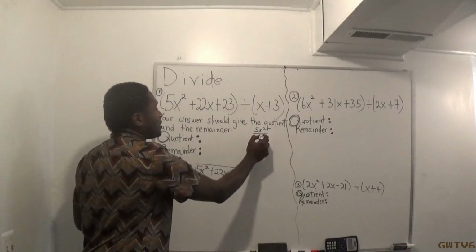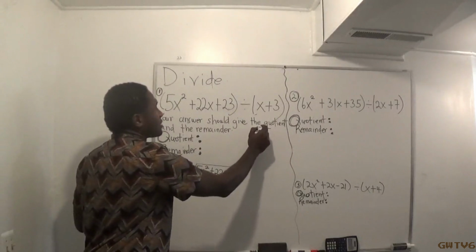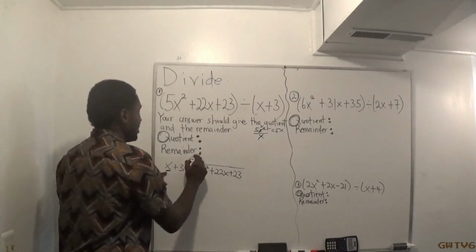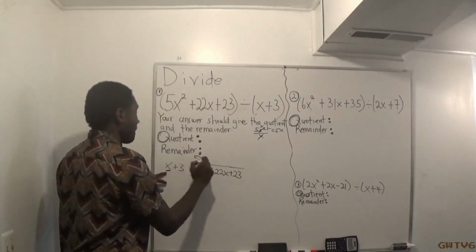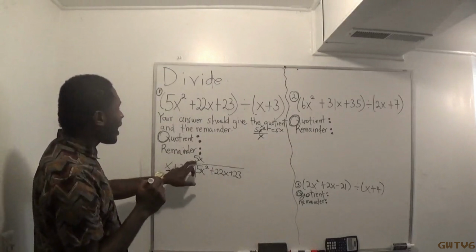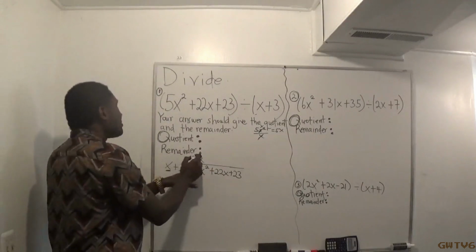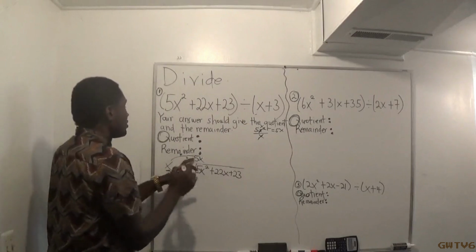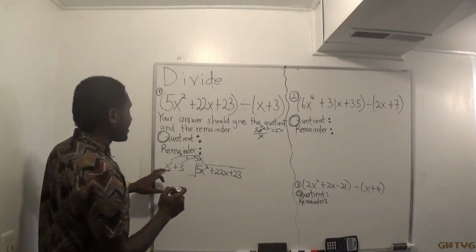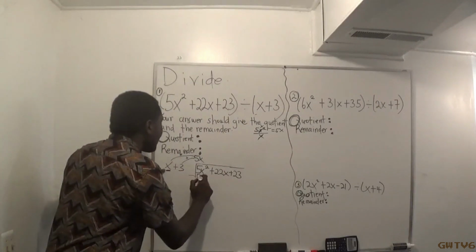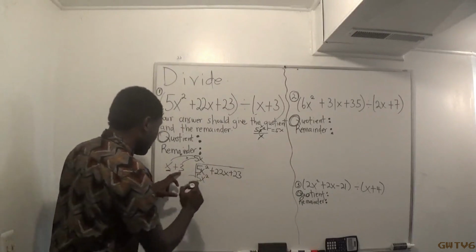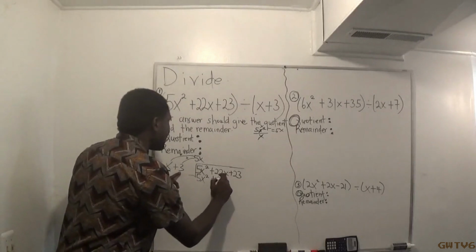This x will cancel one of these x's, so I have 5x. That 5x will go right here. Right after I put that, I then have to multiply this by each one of these. 5x times x is 5x squared, and 5x times 3 is 15x.